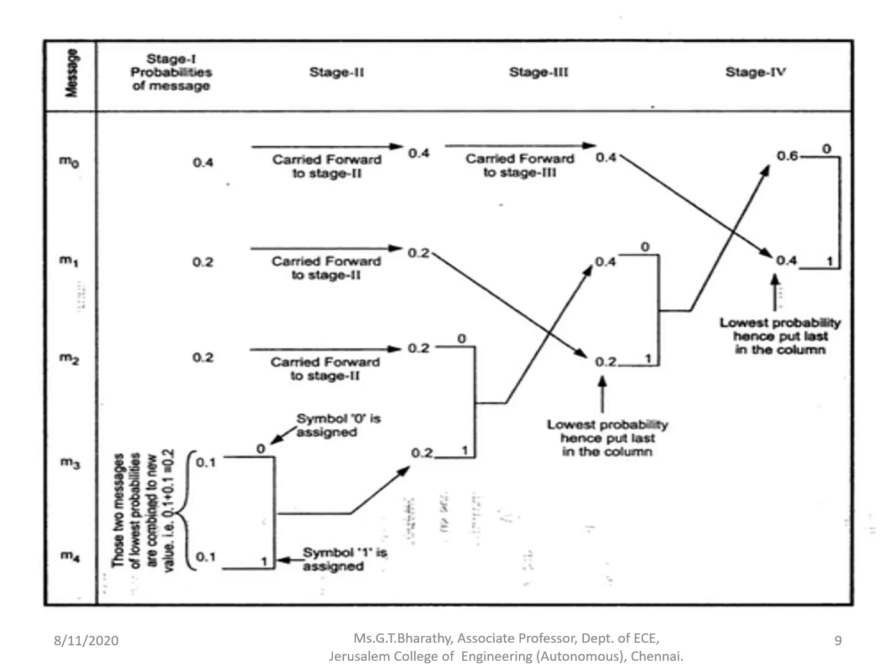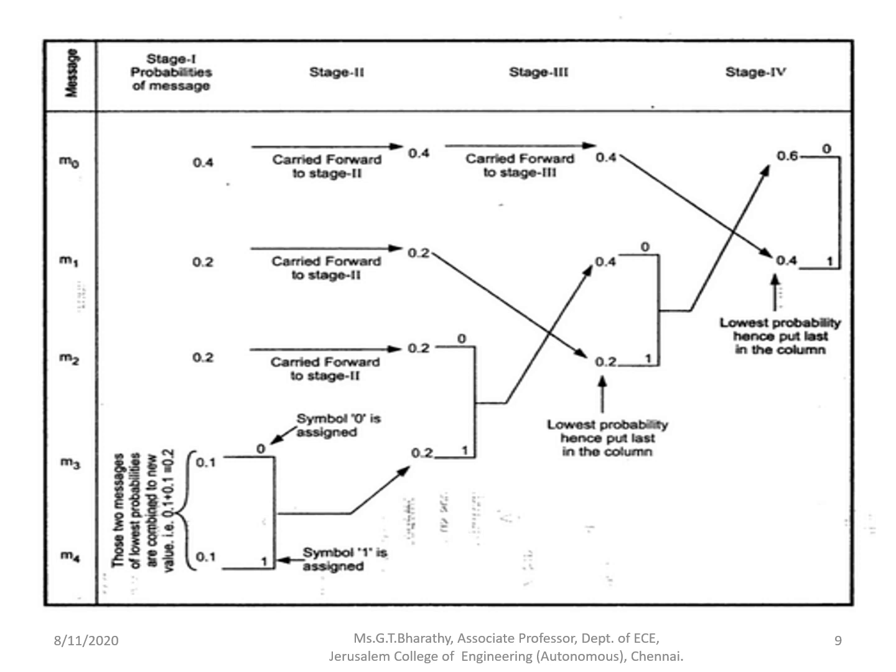So we can see these are the messages M0, M1, M2, M3 and then M4 arranged in decreasing order as 0.4, 0.2, 0.2, 0.1 and 0.1 in stage 1. So what is the first step? We have to assign 0 and 1 to the last two probabilities. So you can see 0 is assigned here and 1 is assigned here.